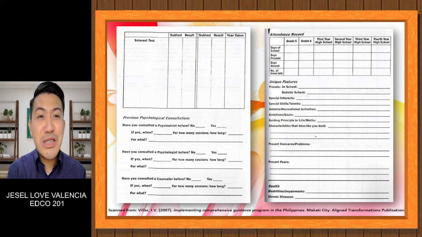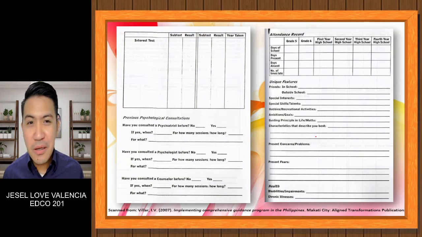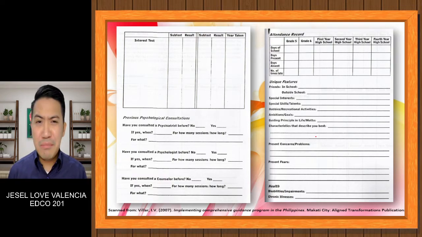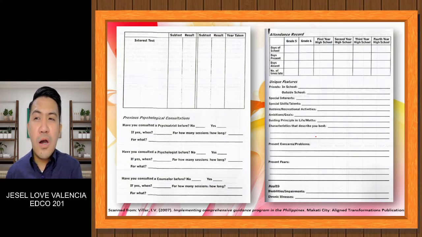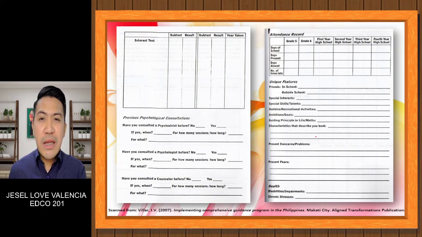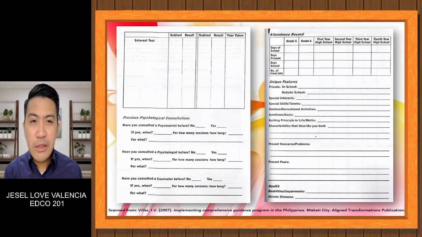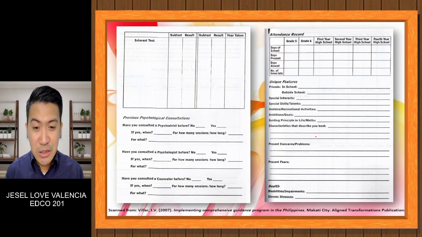Then we have here the attendance record. They integrated it like a school card because it is important. Why does the child have so many absences? So we can call on and assist the parents with this. The teachers coordinate, since they are the ones who provide the attendance.